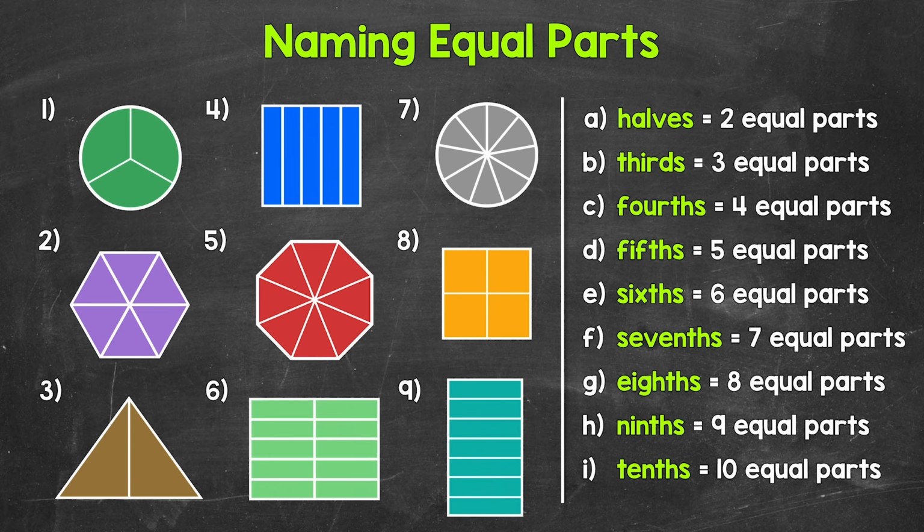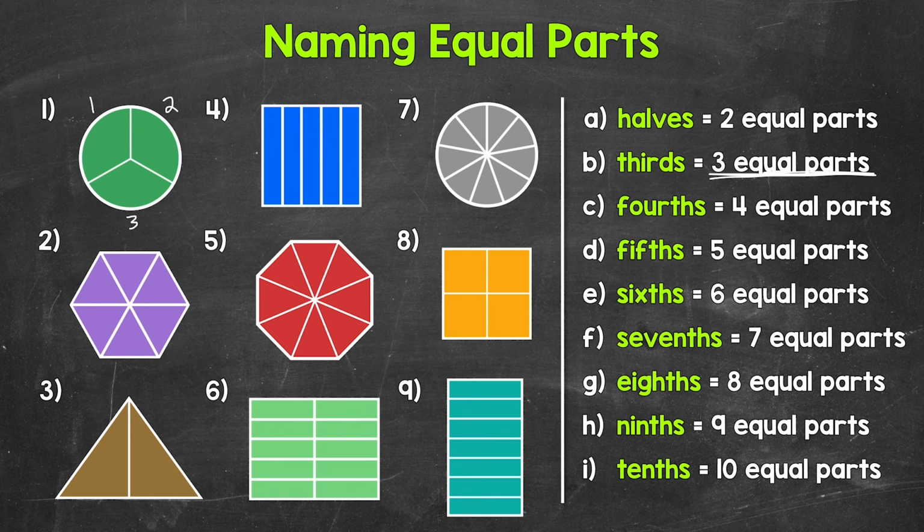Let's jump into our examples where we need to figure out the number of equal parts a whole has been divided into, and then we will match that to the name for those equal parts. For example, number 1, this circle, our whole, has been divided into 1, 2, 3 equal parts. So 3 equal parts.